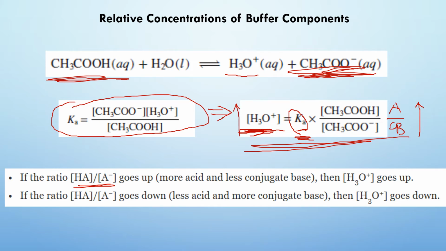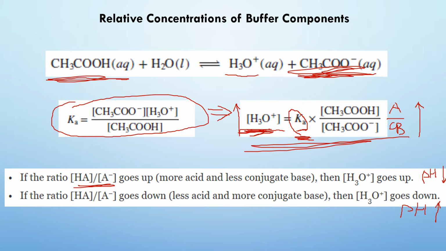And when the proton concentration goes up, the pH will go down. On the other end, if we lower this ratio, the concentration of proton will decrease. So in that case, the pH will go up.